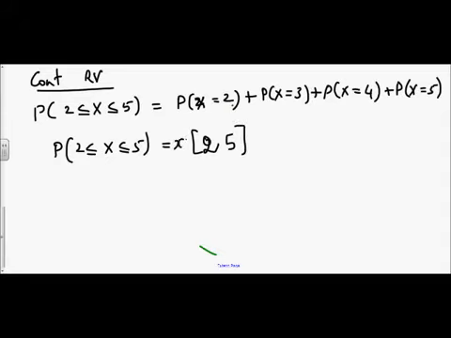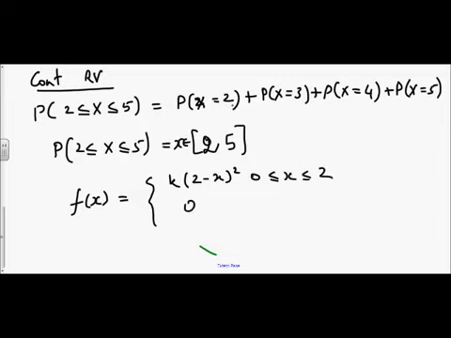So x belongs to this closed interval 2, 5. For example, you can have this f of x. Usually all continuous random variables are denoted with a functional notation f of x. F of x could be equal to k times (2 minus x) the whole square, 0 less than x less than or equal to 2, or 0 otherwise.